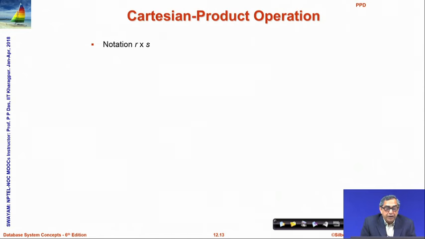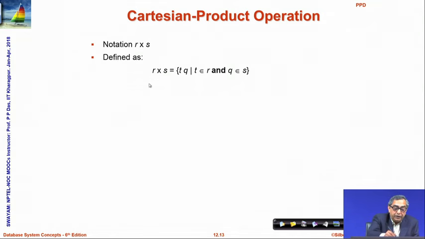Next is Cartesian product, where we take two relations and juxtapose one relation with the other.